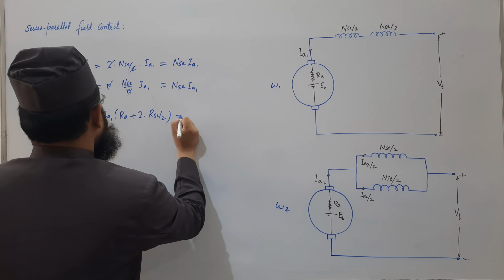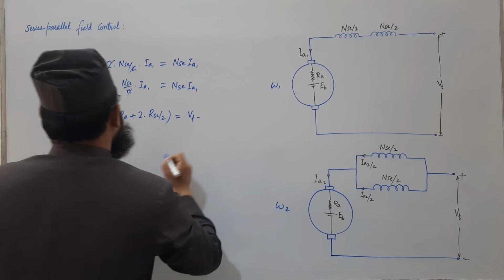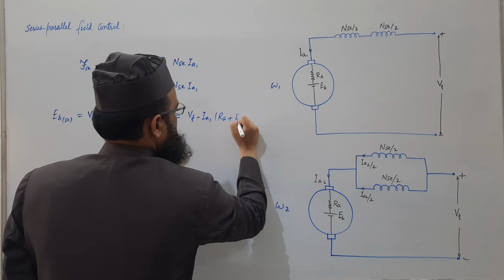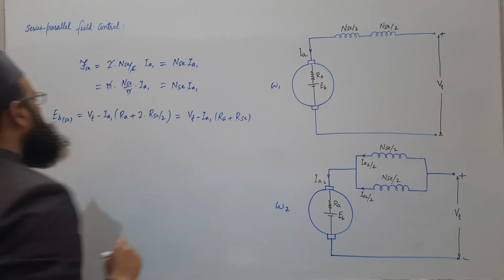That is equal to Vt minus IA1 times RA plus RSE. Fine.